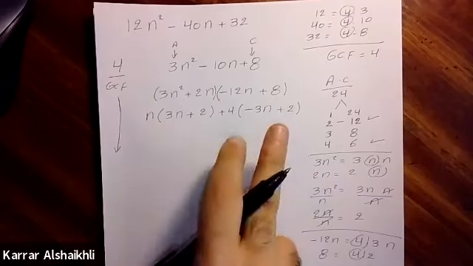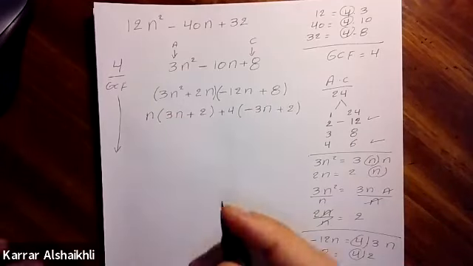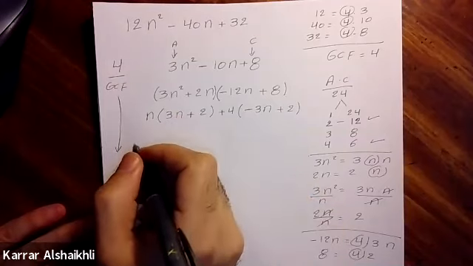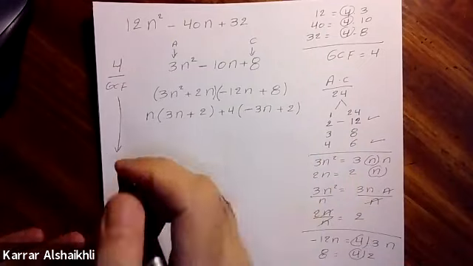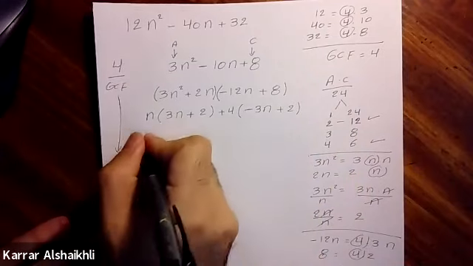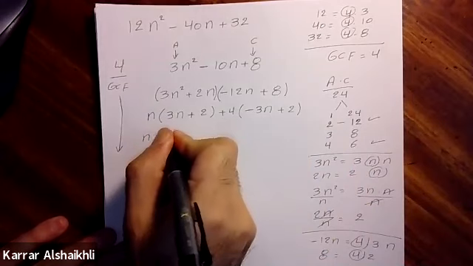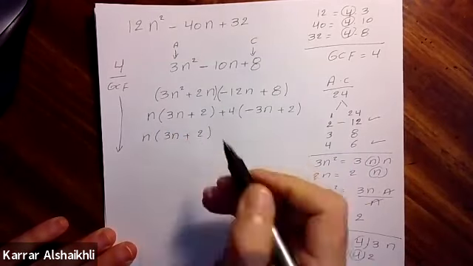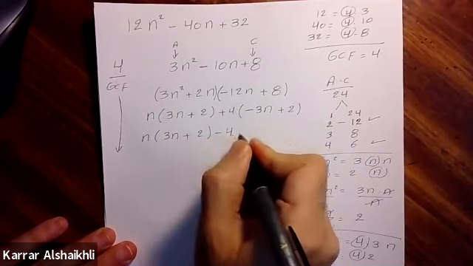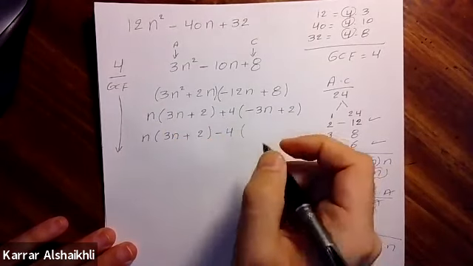No. So remember when I told you, when you have different parentheses, what are you going to do? If you have different parentheses, let's try this method. I'm going to write down the first one. Change the sign here, and change the sign inside the parentheses.